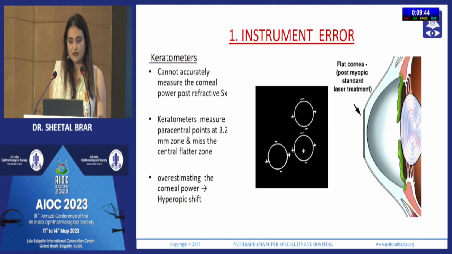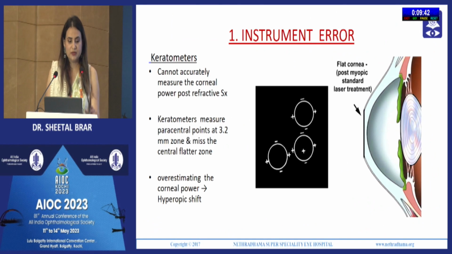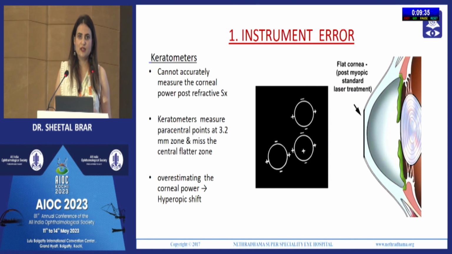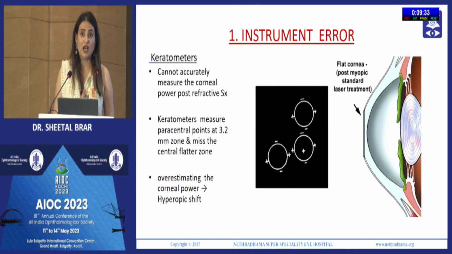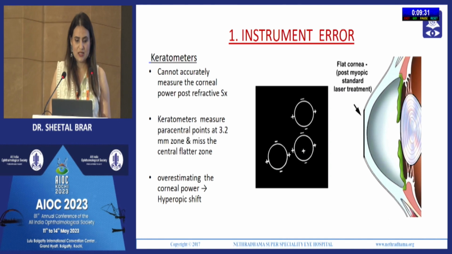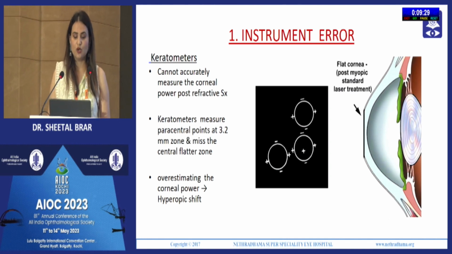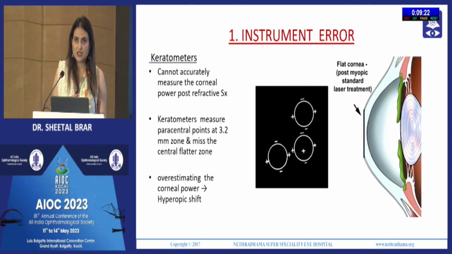Instrument error basically refers to the error which arises from the use of standard keratometers. When you use standard keratometers for corneal power measurement after LASIK, these instruments cannot accurately measure the corneal power post-refractive surgery, because the keratometers essentially measure the paracentral points at the 3.2 millimeter zone and they miss the central flatter zone.